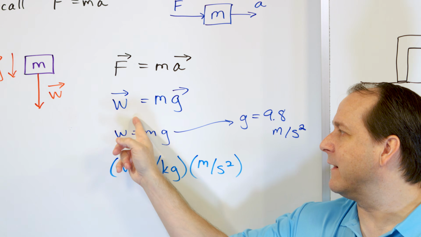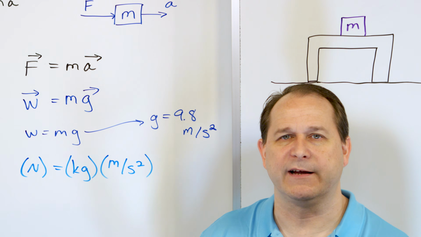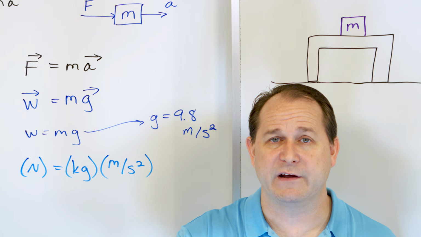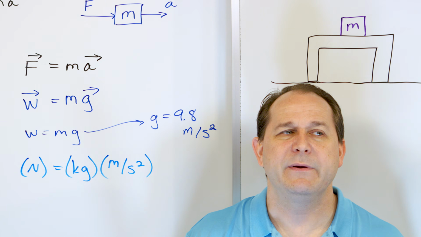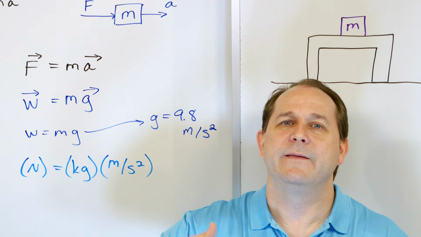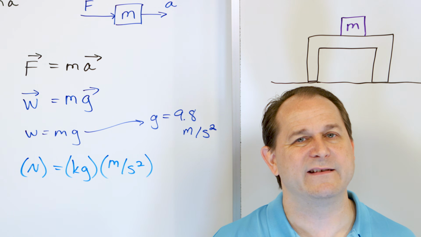So this is an approximation for anything near the surface of the Earth, where we're assuming the gravitational acceleration is always the same. Far away from the planet it's a little bit different because the gravity force falls off as you get farther away. Okay, so that's number one.